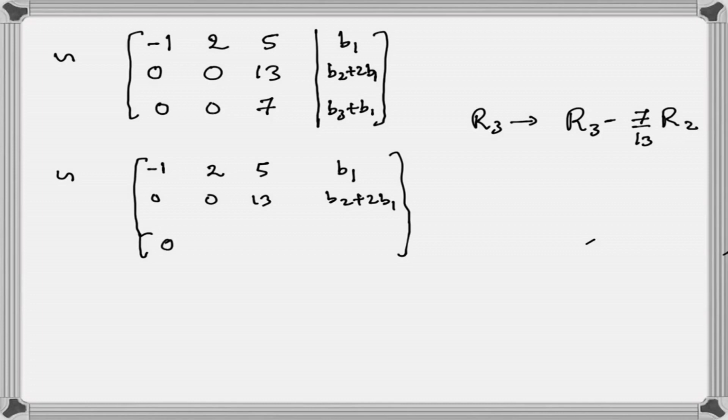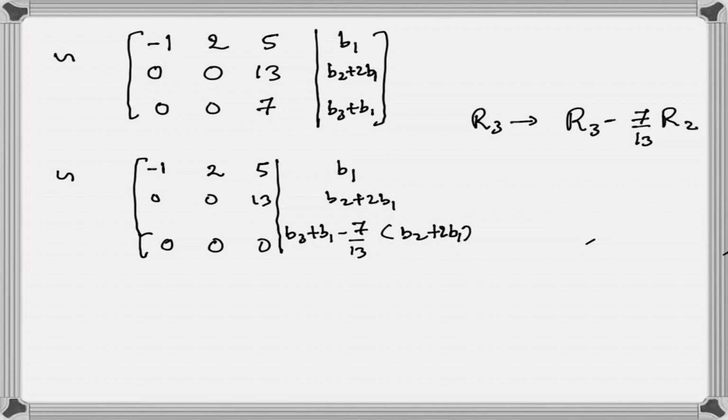Now here 0, 0, this is 0, and then b3 plus b1 minus 7 by 13 times b2 plus 2 times b1.